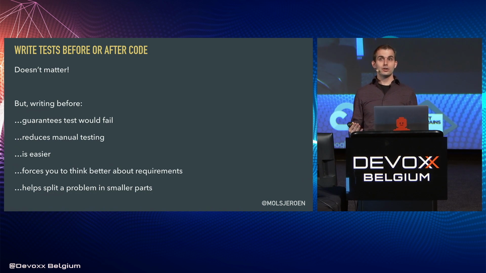It's usually also easier, because then your tests also influence the design of your code. It forces you to think better about the requirements. So if you're writing tests first, you become a lot more aware of, hey, can this parameter be null? Can it be empty? Can it be this? Can it be that? So you're going to get more into the flow of actually thinking about those edge cases. And it also helps you split the problem in smaller parts. But I'll get back to that later.